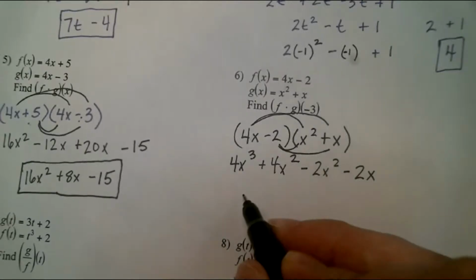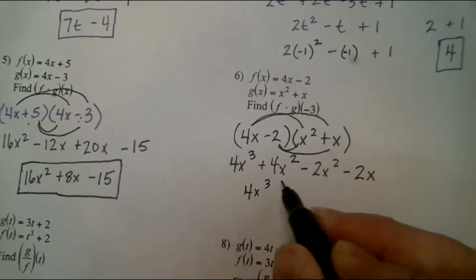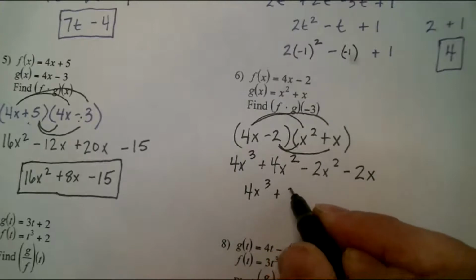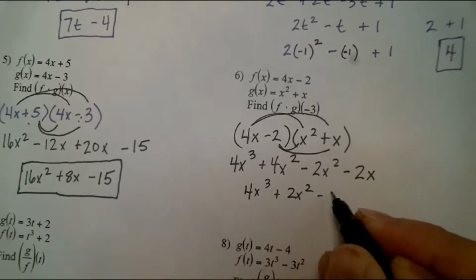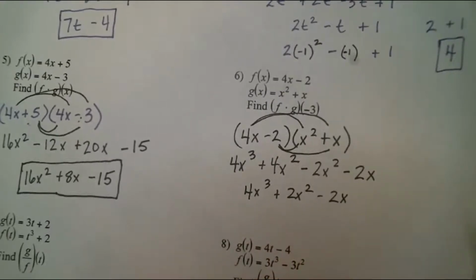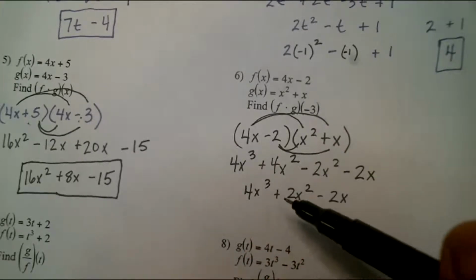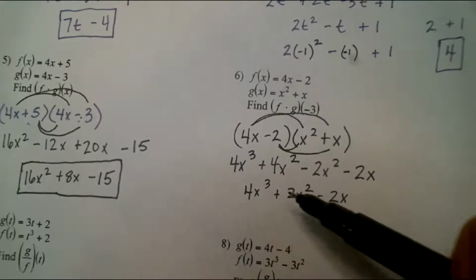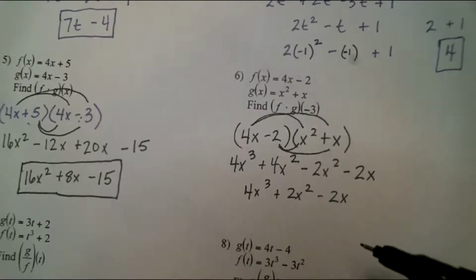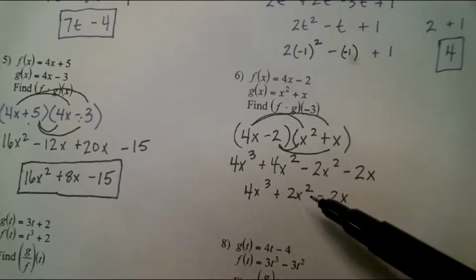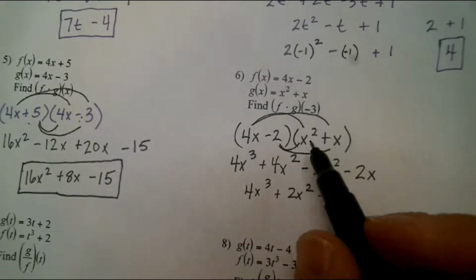Okay, so 4x cubed, 4 minus 2 would be 2x squared minus 2x. And then from here, I mean, we can factor something here. We could factor out a 2x. We could kind of go that route, or we can just plug in -3 from here.